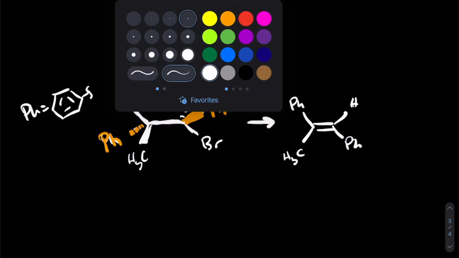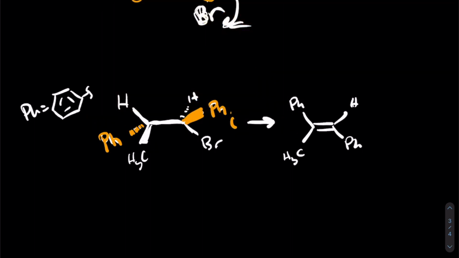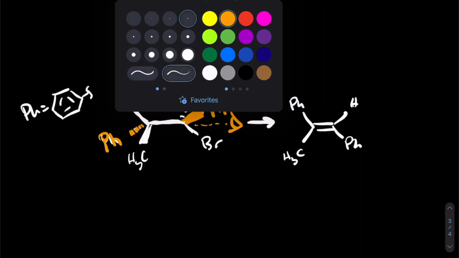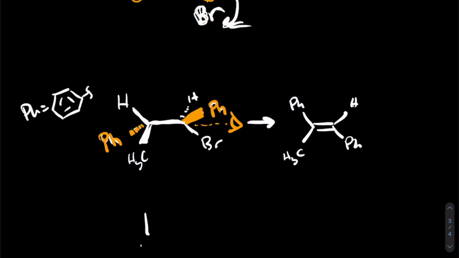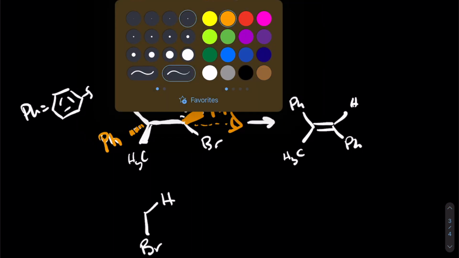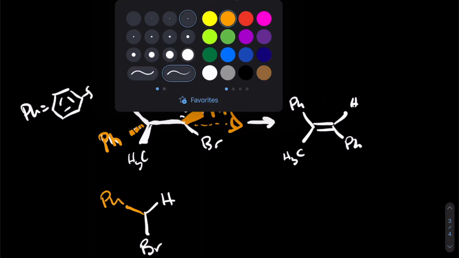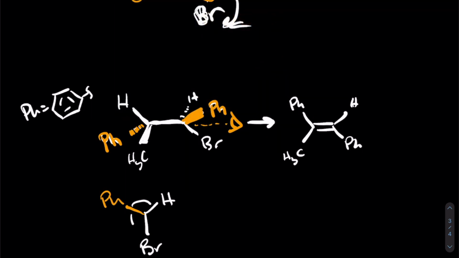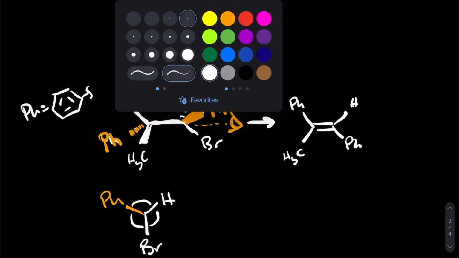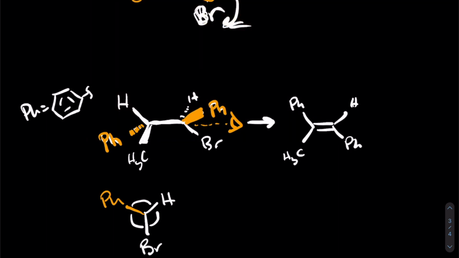So let's look at this using the old eyeball of science right down here. If we look at it down there, what we see is we have the bromine coming down, and the hydrogen is going to point up, and then we've got a Ph group, a phenyl group coming off over here. Behind that molecule, what we see is a phenyl group actually now going in the opposite direction here.